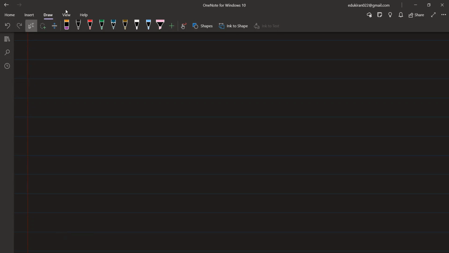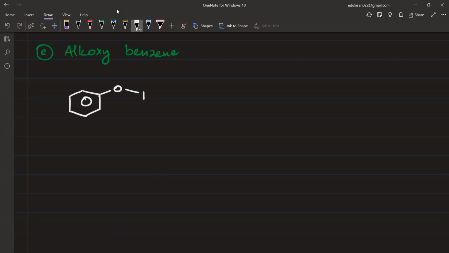Right, next, if we have alkoxybenzene. So alkoxybenzene will have something like this, OR. Now let us see. Either I can make something like this, which will make phenol. If I react this with HI, I will be getting RI.